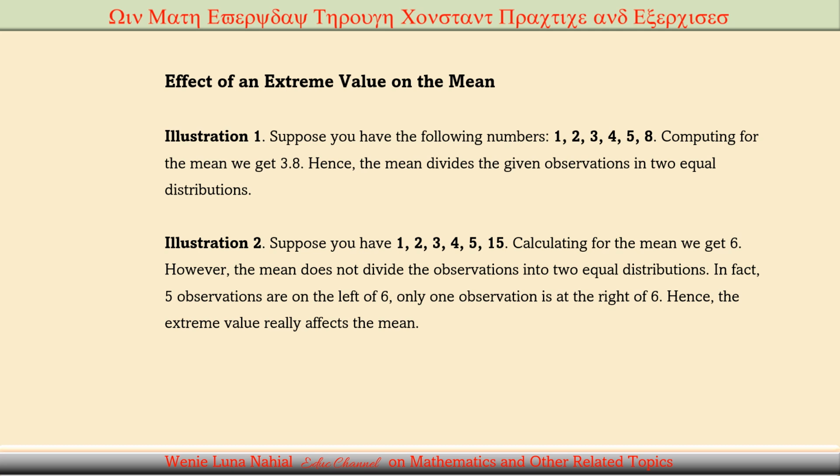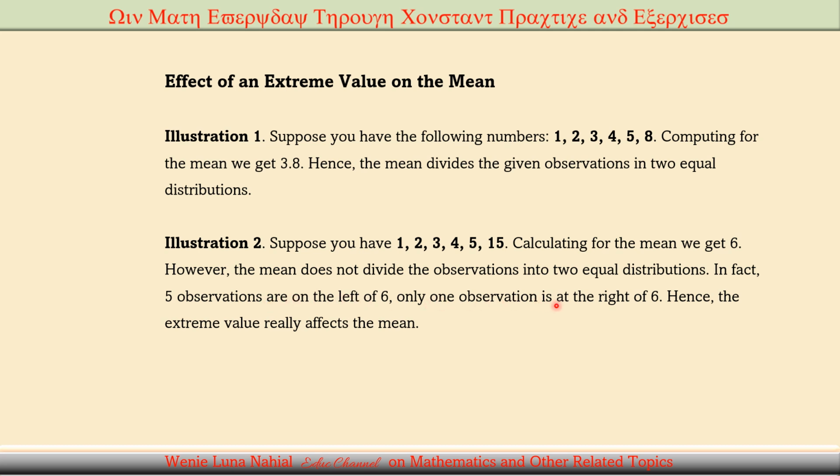Let's have the second illustration. Suppose you have 1, 2, 3, 4, 5, and 15. Calculating for the mean, we get 6. However, the mean does not divide the observations into two equal distributions. In fact, 5 observations are on the left of 6.